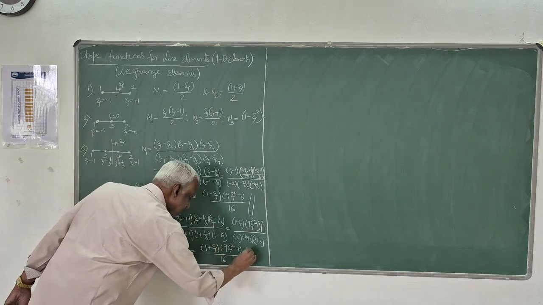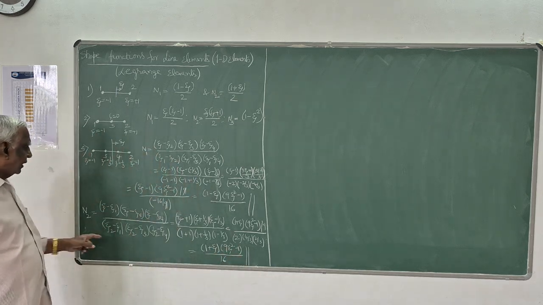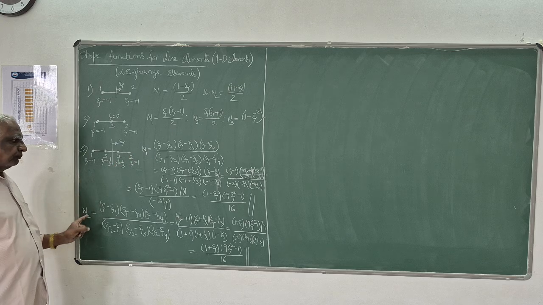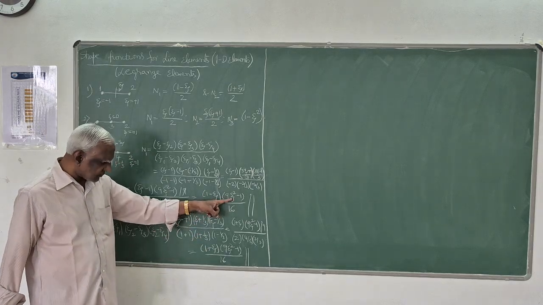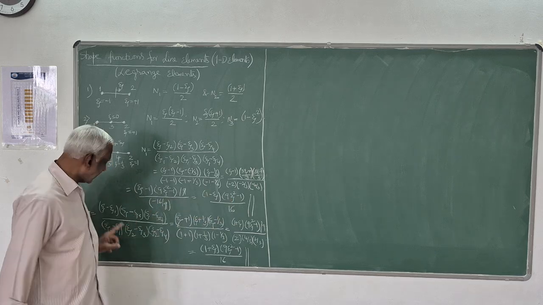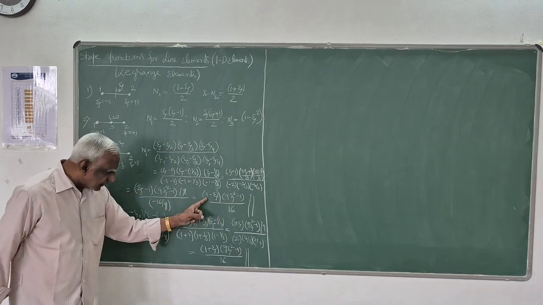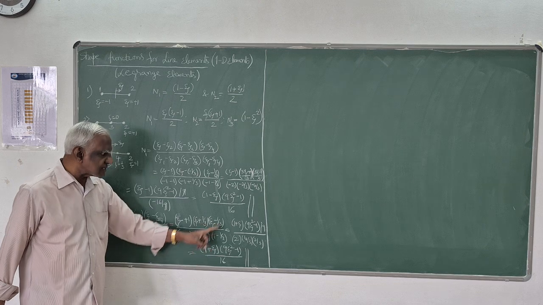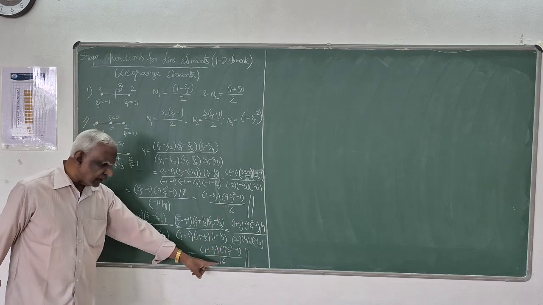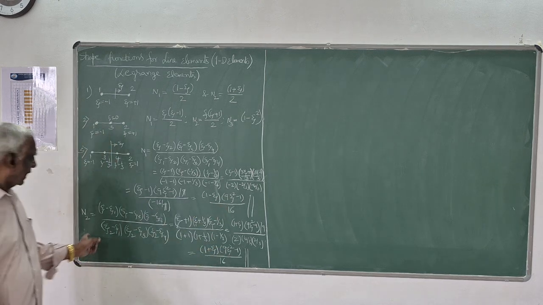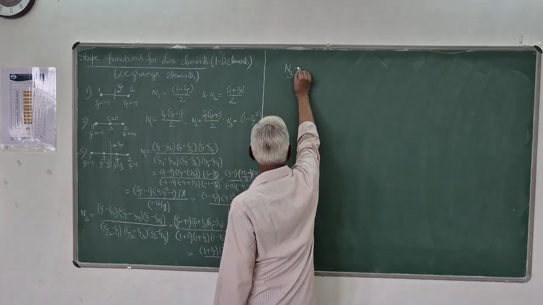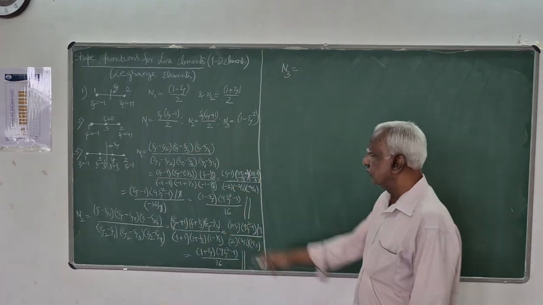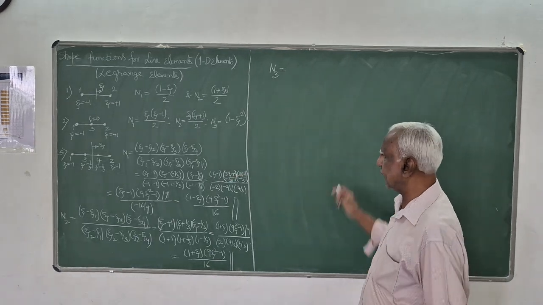So this is the shape function for node 2. N1 is (1 minus psi) into (9 psi square minus 1) by 16. N2 is, instead of 1 minus psi, you have 1 plus psi, and this remains there, divided by 16. Then N3, N4, that is the middle shape functions for the 4-node element.